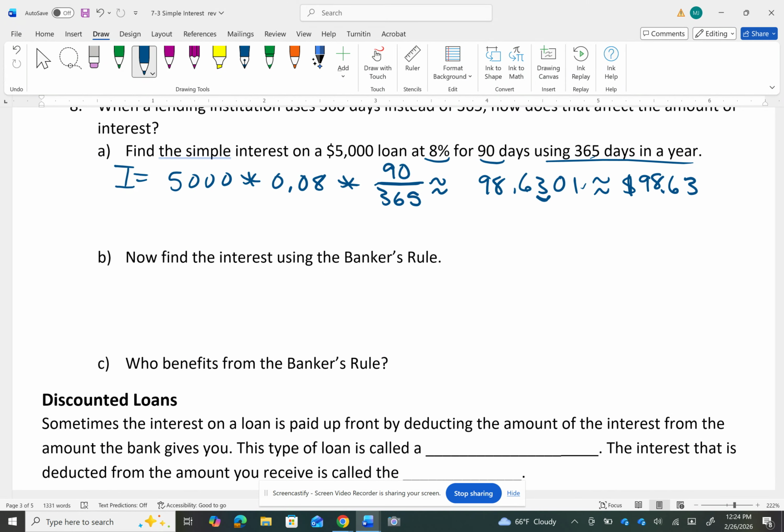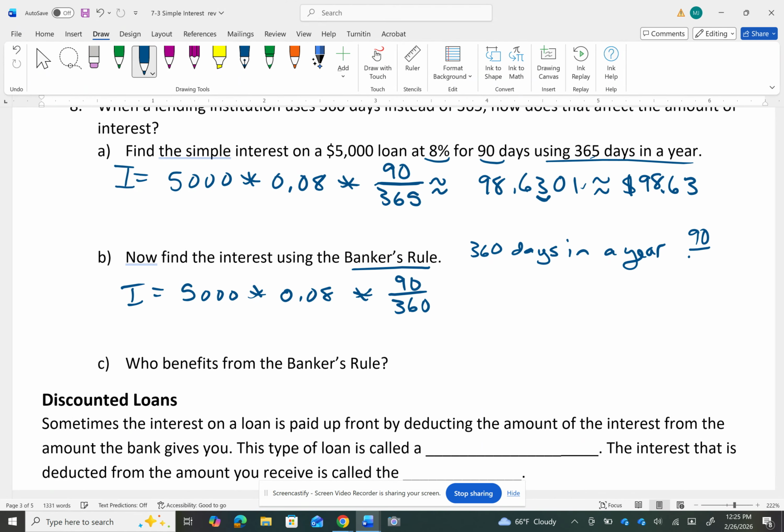All right, now let's calculate the interest using the banker's rule. The only difference there is that we're assuming 360 days in a year. So I'm going to take that $5,000 times the 0.08, but this time I'm going to multiply by 90 over 360. Here's what's nice about it: 90 divided by 365 is kind of hard to simplify, but with 90 over 360, 9 goes into 36 4 times, so that's a fourth of a year.